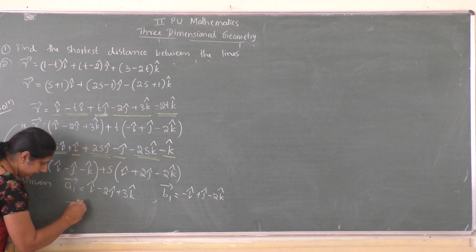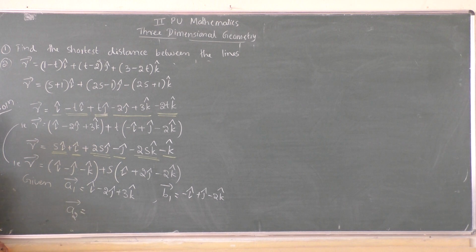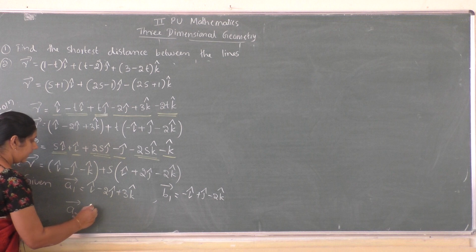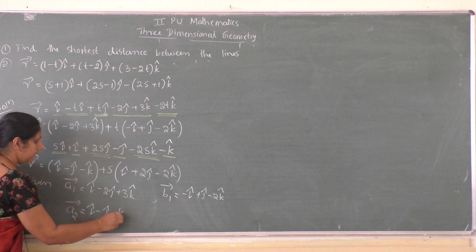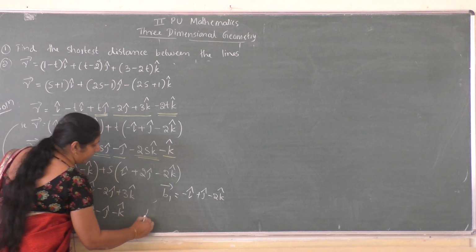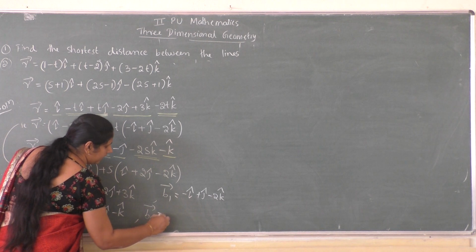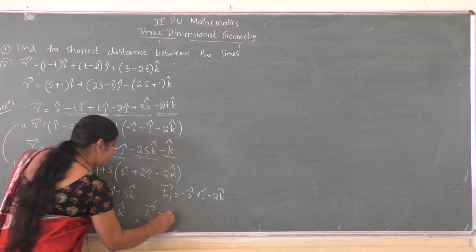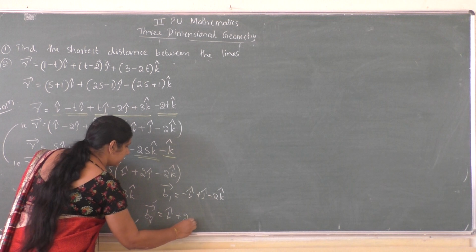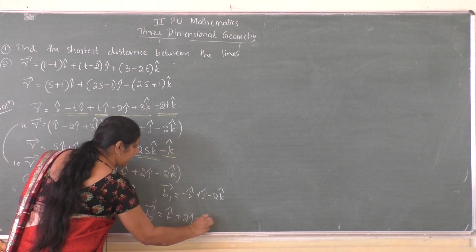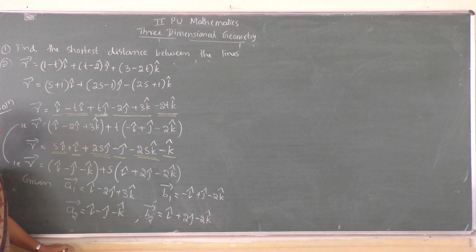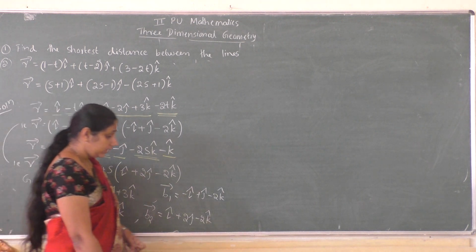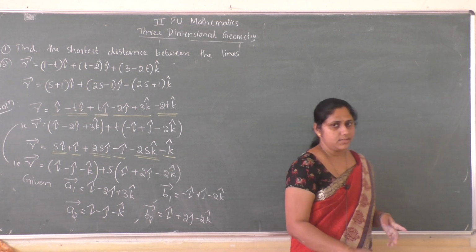Now compare the second equation, what is vector a2? It is I cap minus j cap minus k cap, and vector b2 will be I cap plus 2j cap minus 2k cap. So once you get a1 vector, a2 vector, b1 vector and b2 vector, then the procedure is the same as the first one.